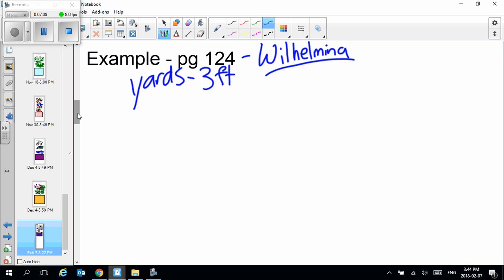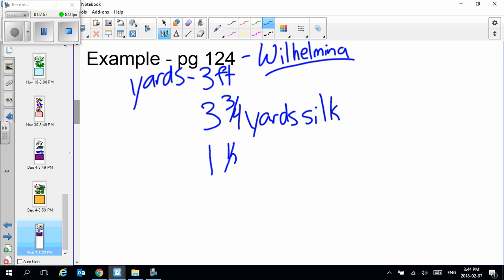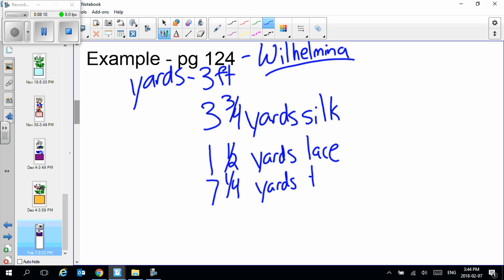So what she's got is 3 3/4 yards of silk, 1 1/2 yards of lace and 7 1/4 yards of trim. Now she needs to make 5 dresses.